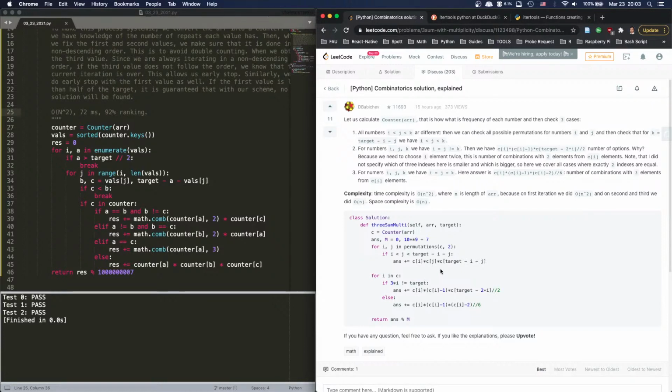How do you know which two are the same? For I and C, 3i is not equal to target. And then we say if 3 times I is not equal to target, so we say that it has to be either I something, or I something, or I something something, right?